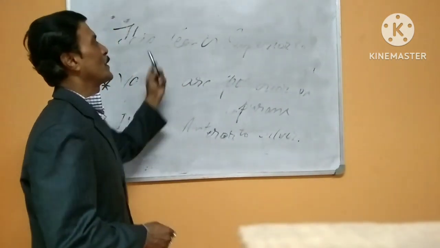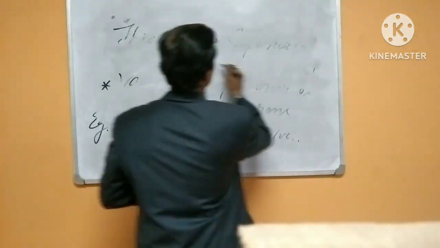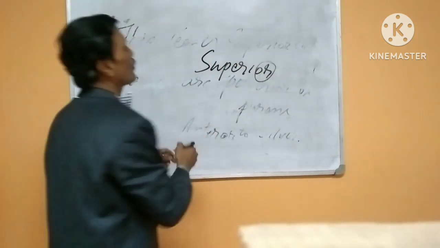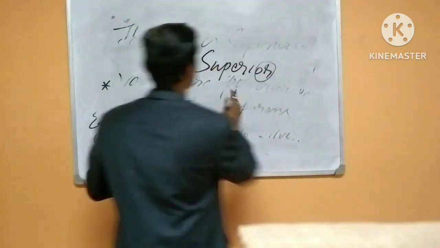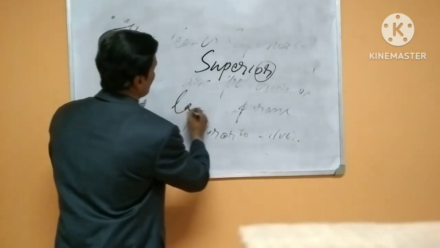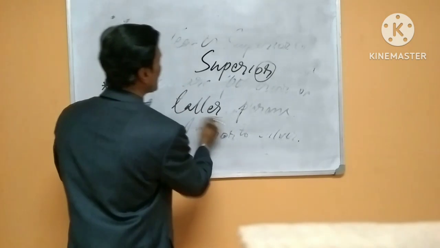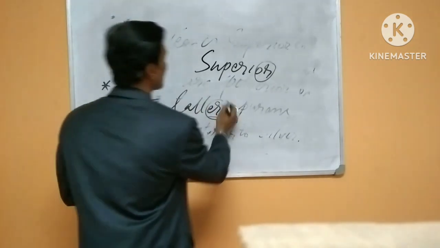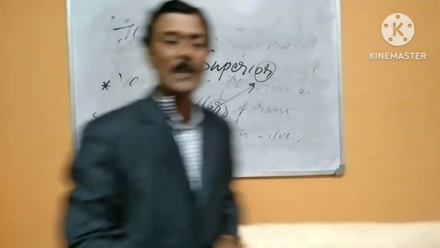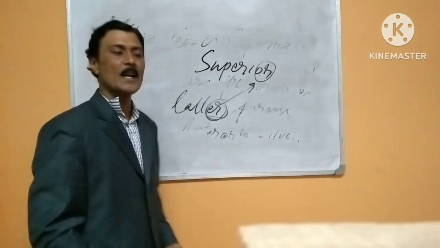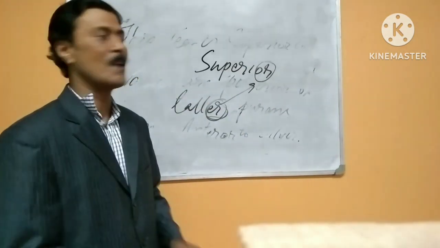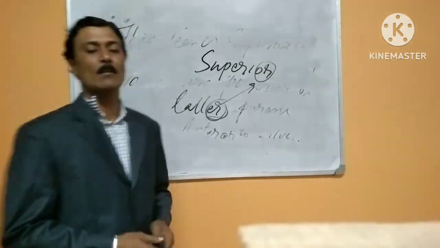All the time it is -or, not -er. In the comparative form, we write taller, so -er is there, but instead of -er, it will be -or. So superior, inferior, junior, senior, prior, anterior, posterior, major, minor. I hope this was a helping hand for the lesson.